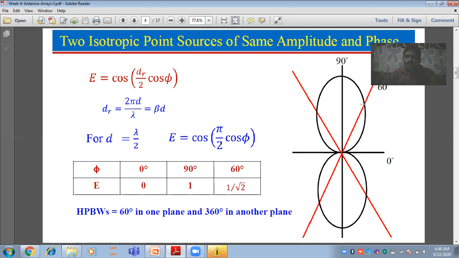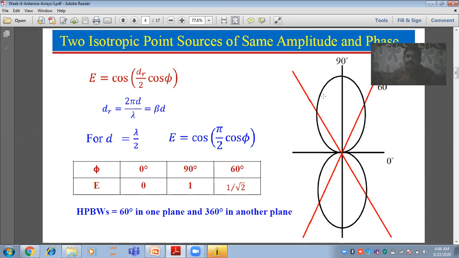Since the structure is symmetric, we expect the same 3 dB point on the other side at the same distance from this axis. That means away from this 90 degrees axis by 30 degrees, since this is 60, this angle will be 30.